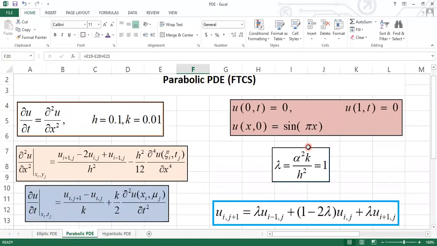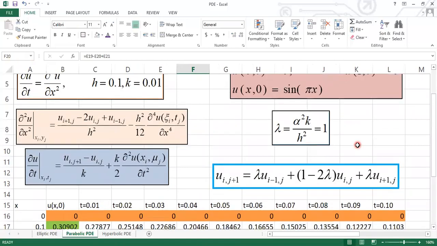With other methods like BTCS, which is implicit type, you don't have that type of formulation. In that case you have to construct the complete matrix A, and then an A x equal to b type equation should be solved to get the solution at a new time step.